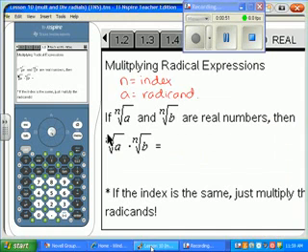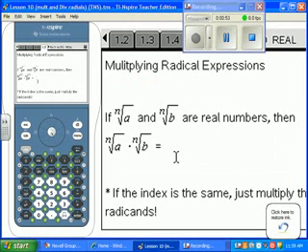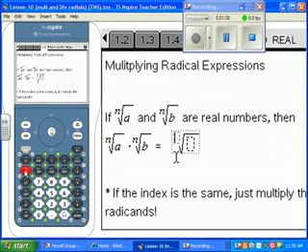Come down here. We've got a to the nth power times b to the nth power. What do you think that's going to become? AB to the nth power. Good. Now to get that funky little symbol that we have here, it's control caret. You want n as your index.